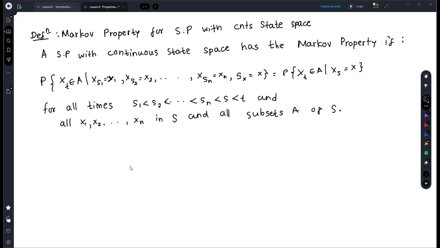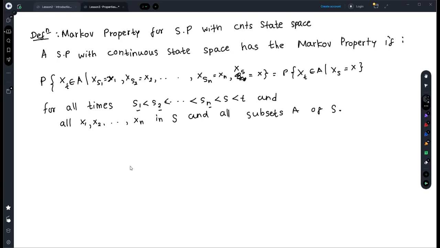Then X(s2) up to X(sn). So s1, s2 up to sn, these are time values, right? All of them are less than t. What is t? t is the current time.